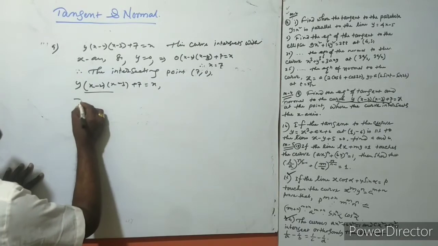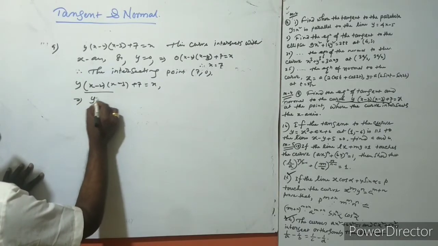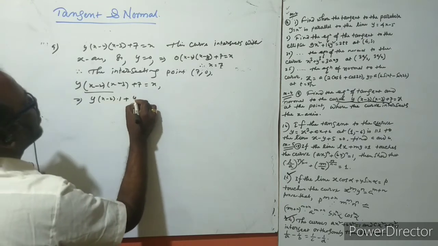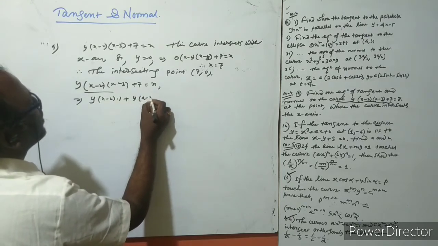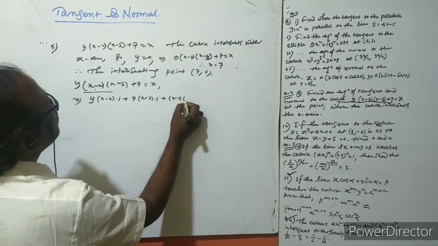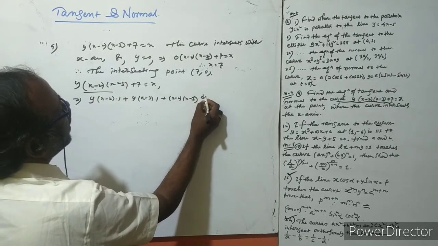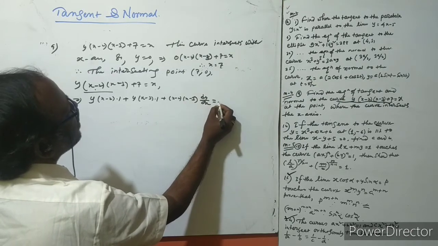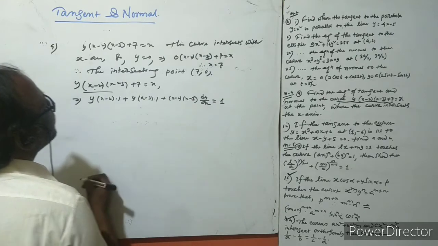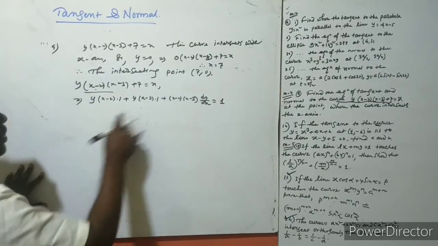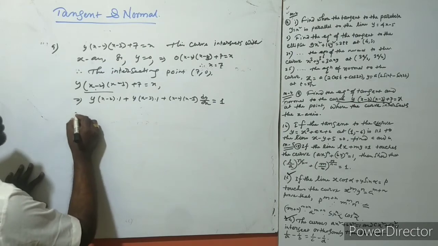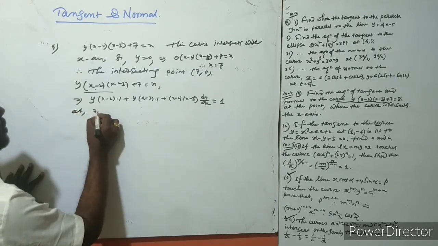Using the technique of differentiation, we differentiate x minus 3, then again x minus 2 and x minus 3 with the derivative of y, and the derivative of 7 is 0, and of x is 1. So now putting in the point (7, 0).